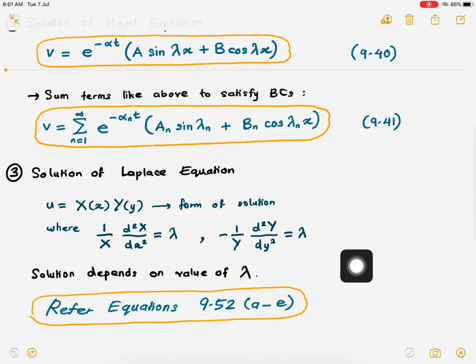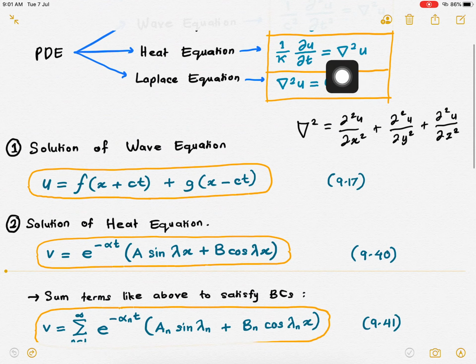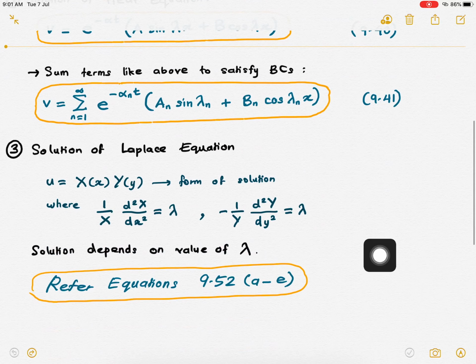Now we go to the solution of the Laplace equation. Again, this is the simple formula for the Laplace equation. In this solution, we have lambda, and the solution depends on the value of lambda. So what is lambda?